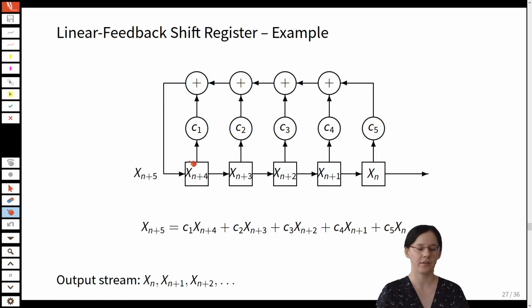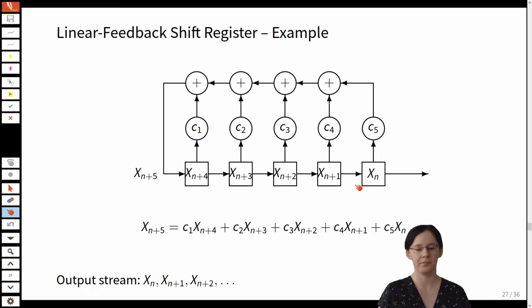We see the current state on the bottom here. So all these are flip-flops or cells which hold the current state. Each of these is usually 1 bit. In theory, we could also do it with other sizes, like byte-wise, but typically this is done bitwise. And whenever the clock is triggered, one of the state bits is kicked out.